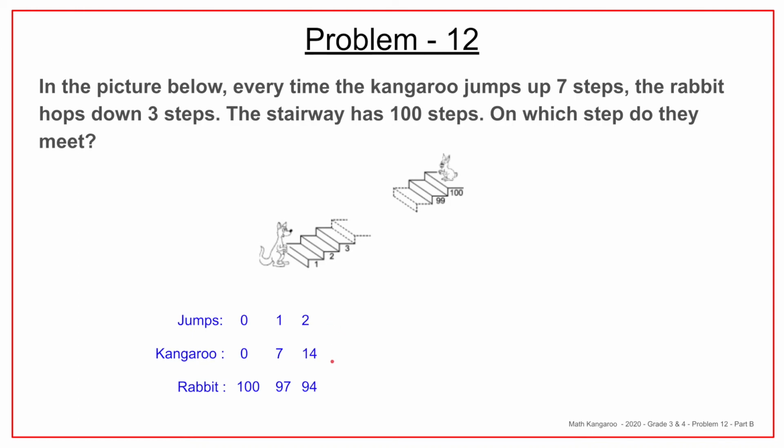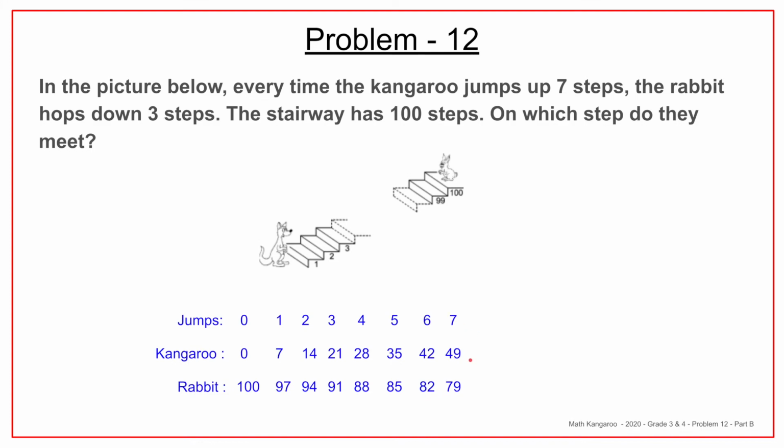Second jump, kangaroo 14, rabbit 94. Third jump, 21, 91. Fourth jump, 28, and 91 minus 3, 88. Fifth jump, 35, 85. Sixth jump, 42, and 85 minus 3, 82.